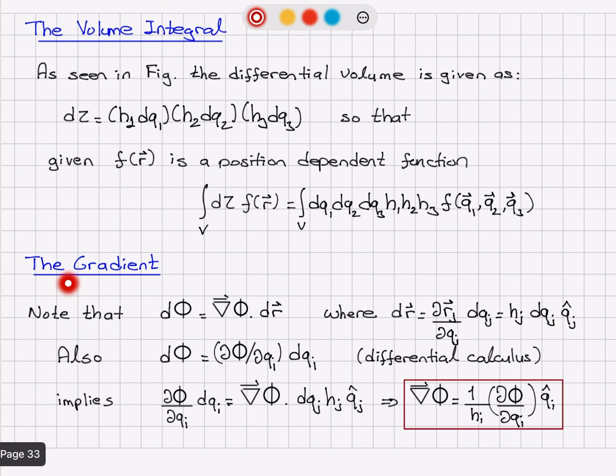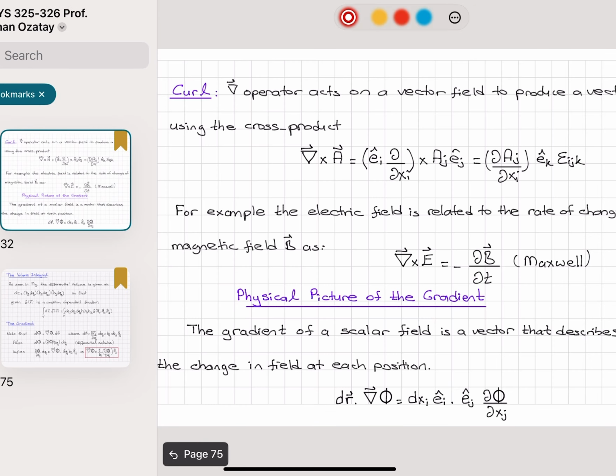So we have gone through the gradient in a curvilinear coordinate system by using the definition of the gradient. d phi is equal to gradient of phi dot dr, and we know that if a displacement is perpendicular, if we are on a constant phi surface, the gradient will be perpendicular to that surface. So that's basically what we have recalled here.